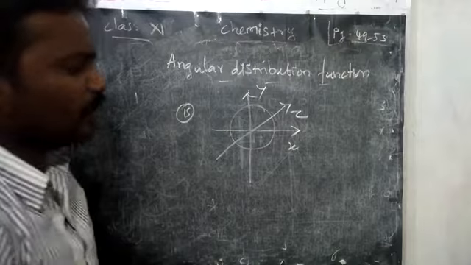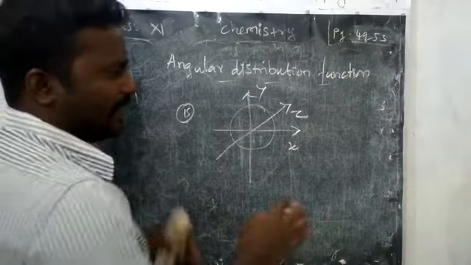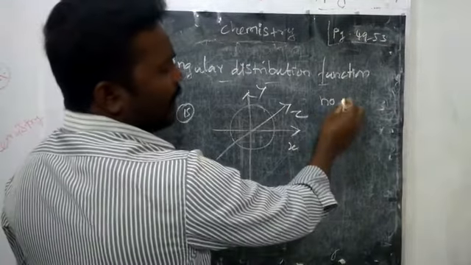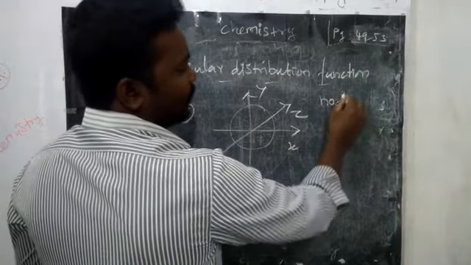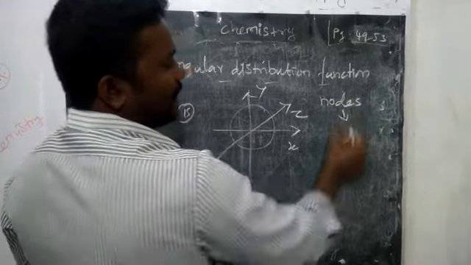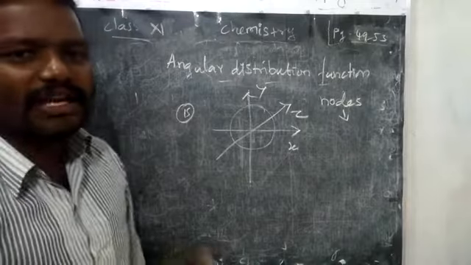So for 1s we don't have any nodes. Already we have studied nodes in the radial distribution. Nodes means the space where the electron probability is 0.